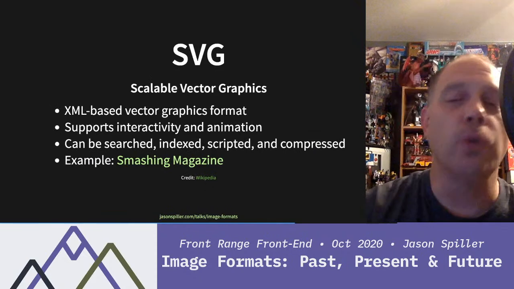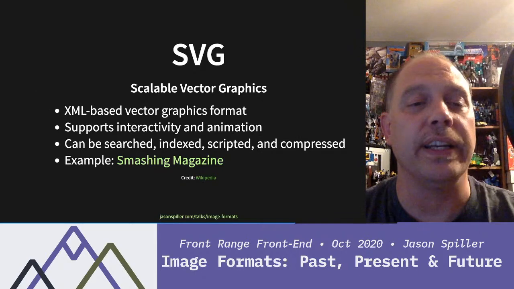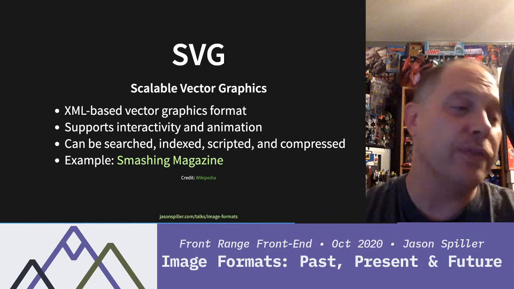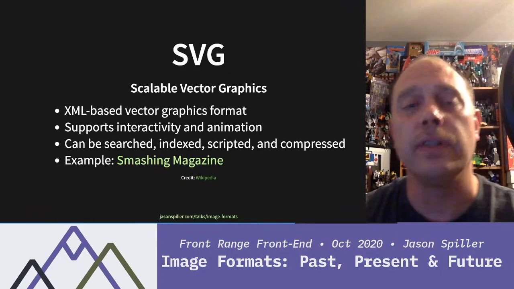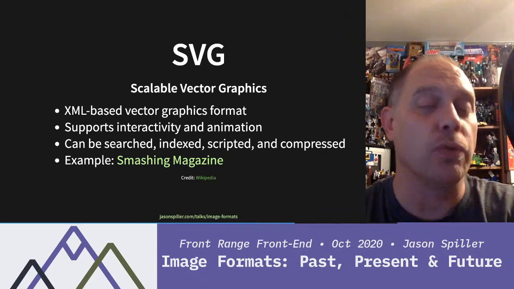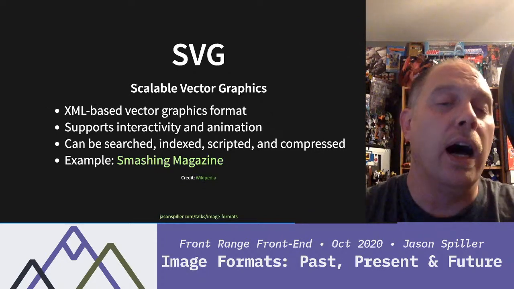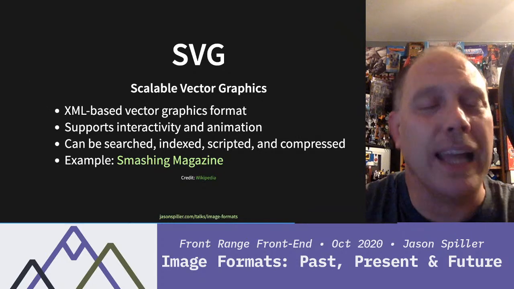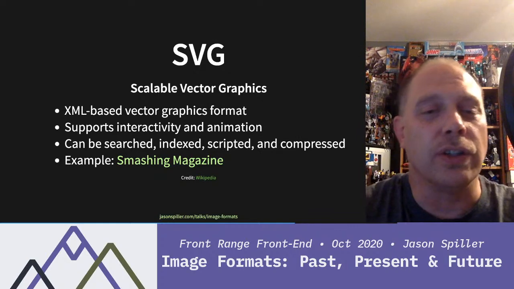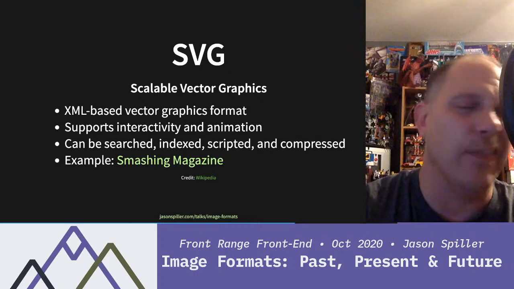Now, the true rock star here of file formats, in my opinion, is the SVG, the Scalable Vector Graphics. Everything we've talked about up to this point has been a raster image, or a bitmapped image, where it's using pixels to display the imagery. I shouldn't say SVGs were the first format on the web to support vector drawings, considering that's what Flash was, and we have Canvas and stuff like that.